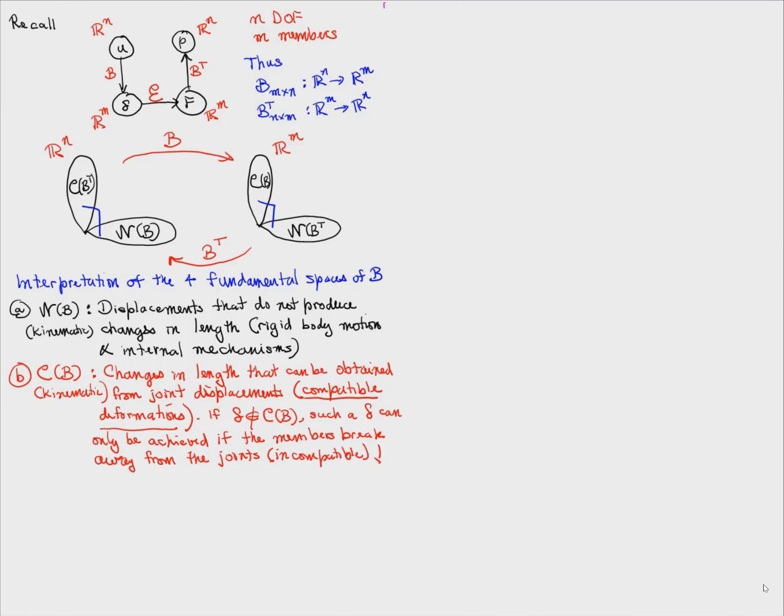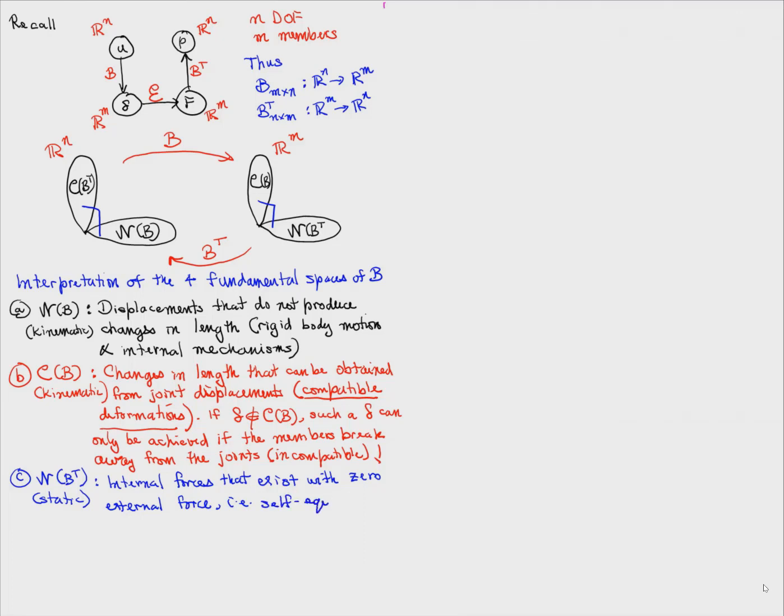Next, let's look at the null space of B transposed. And this is a static interpretation. Static interpretation means it's got to do with forces, and kinematic interpretation means it's got to do with displacements and changes in length. So if an internal force is in the null space of B transposed, that means B transpose times that internal force is 0.